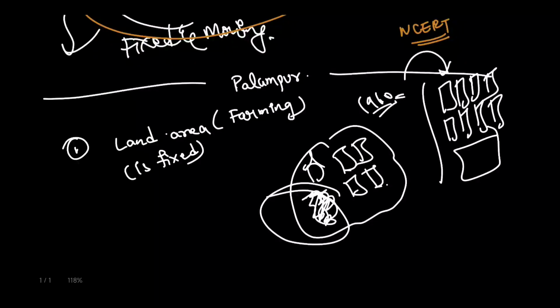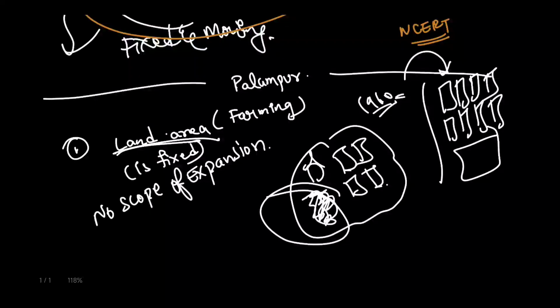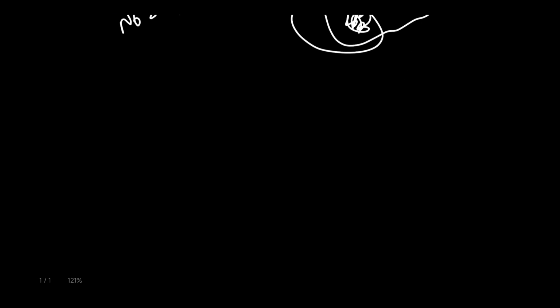So in this example, when I say that land area is fixed, I mean that there is no scope of expansion. You cannot expand the land no matter what. So now the question is, is there a way that you can increase the production on the same land?